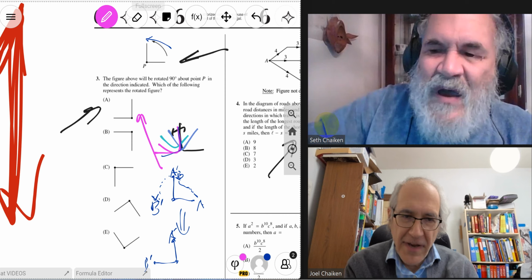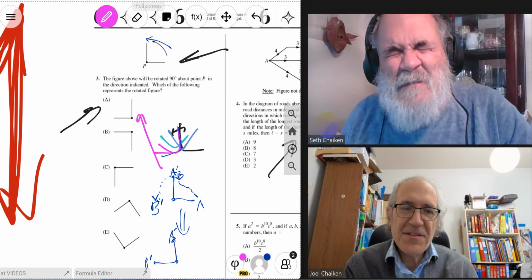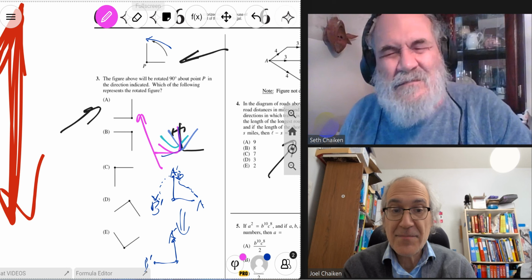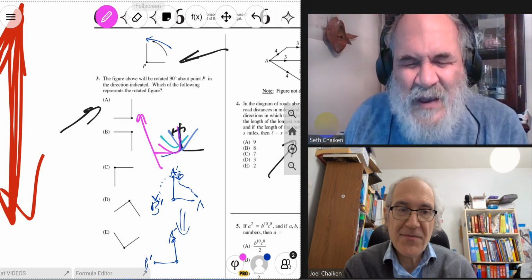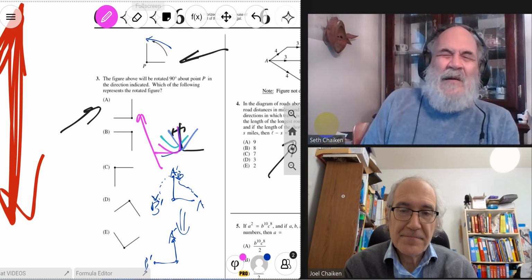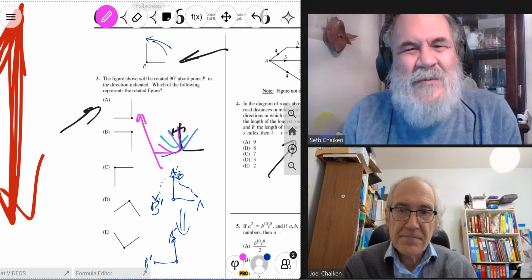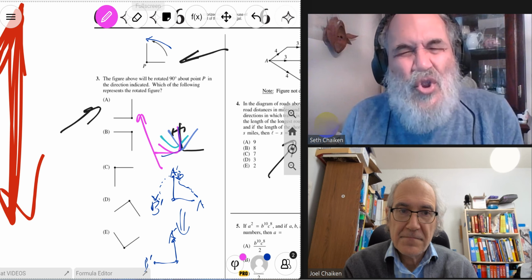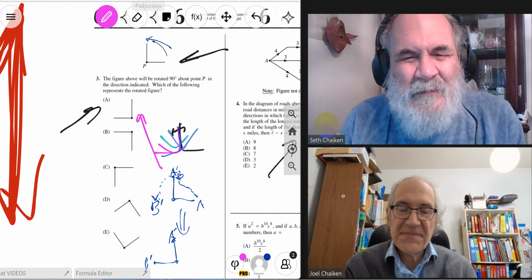Oh yeah, this is one of the easier throwback questions. But you don't normally see this in the post-2016 SAT. You don't really do rotations and stuff. Notice it's in the spirit of what they threw out. There are no numerical or algebraic calculations in this problem.